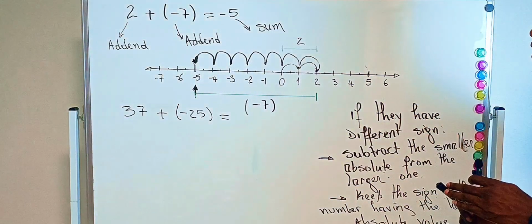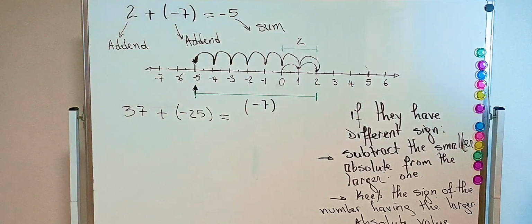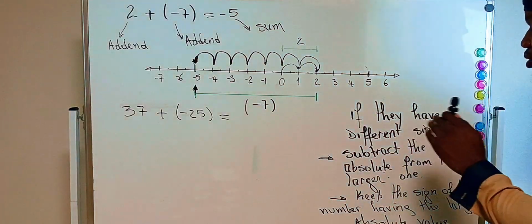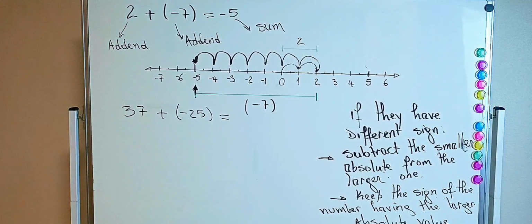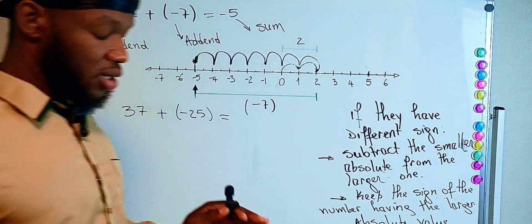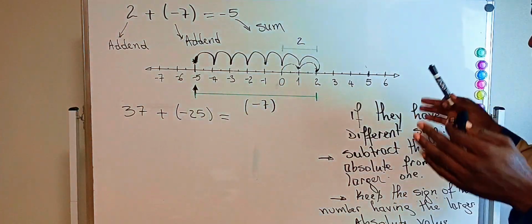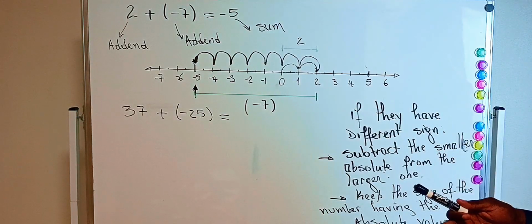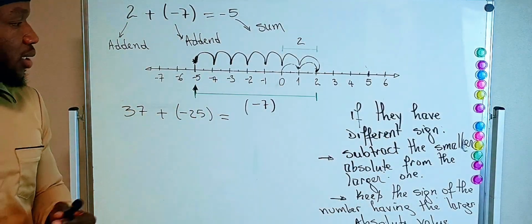So what we can see is, when we have two numbers to add, if they have different signs, we just subtract the smaller absolute value from the bigger one, and we keep the sign of the number having the larger absolute value. Different sign, we do subtraction, and we keep the sign of the big number.